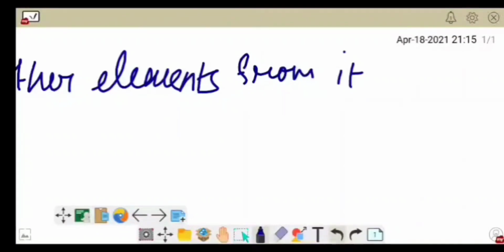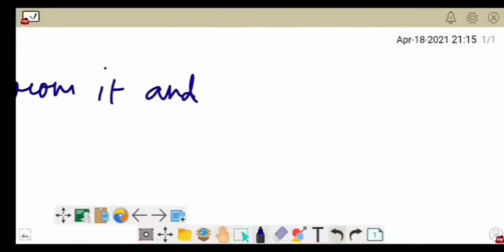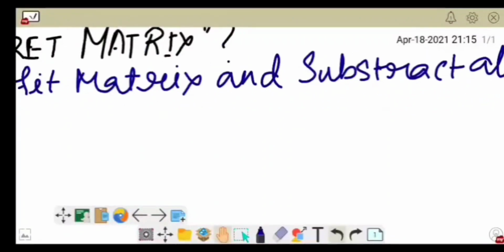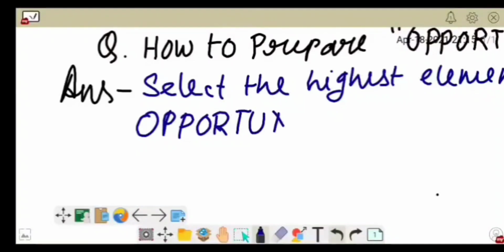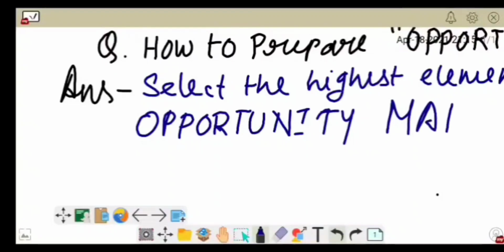Sorry, I wrote it down wrongly. And we get the opportunity matrix.